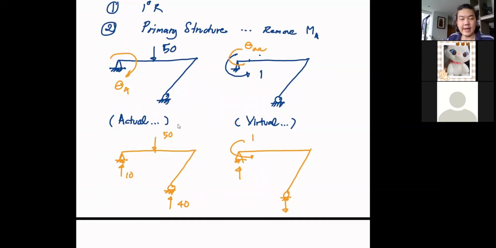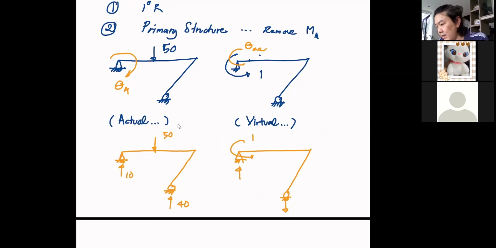But in the end, it doesn't really matter to me, and it should not really matter to you. What matters most is you must be consistent with the sign convention that you use. If you use one sign convention for your actual case, you must use the same or a similar sign convention with the virtual case. Be consistent. That is the most important thing.